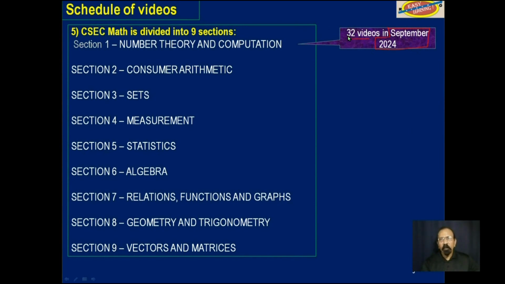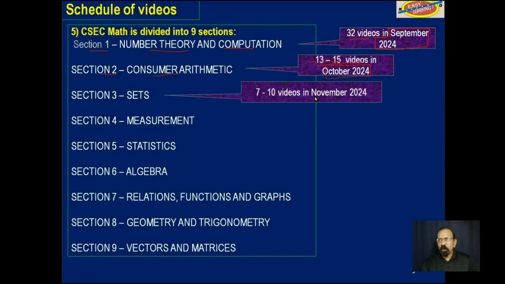I am hoping that I will have all 32 videos published from section 1, number theory and computation. And then next month, October, the 15 or so videos from section 2, consumer arithmetic, and so on.